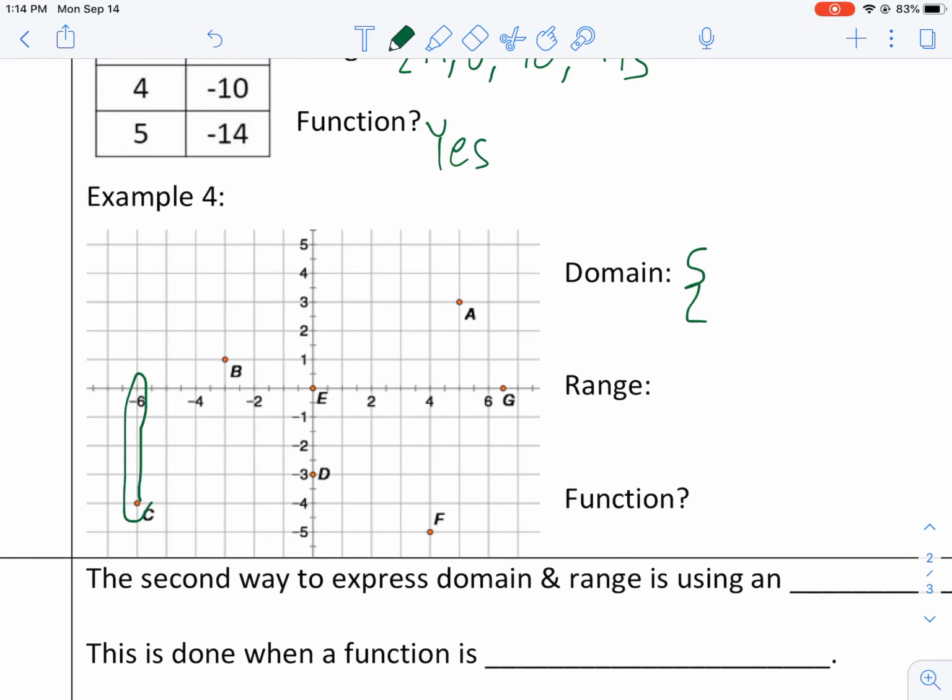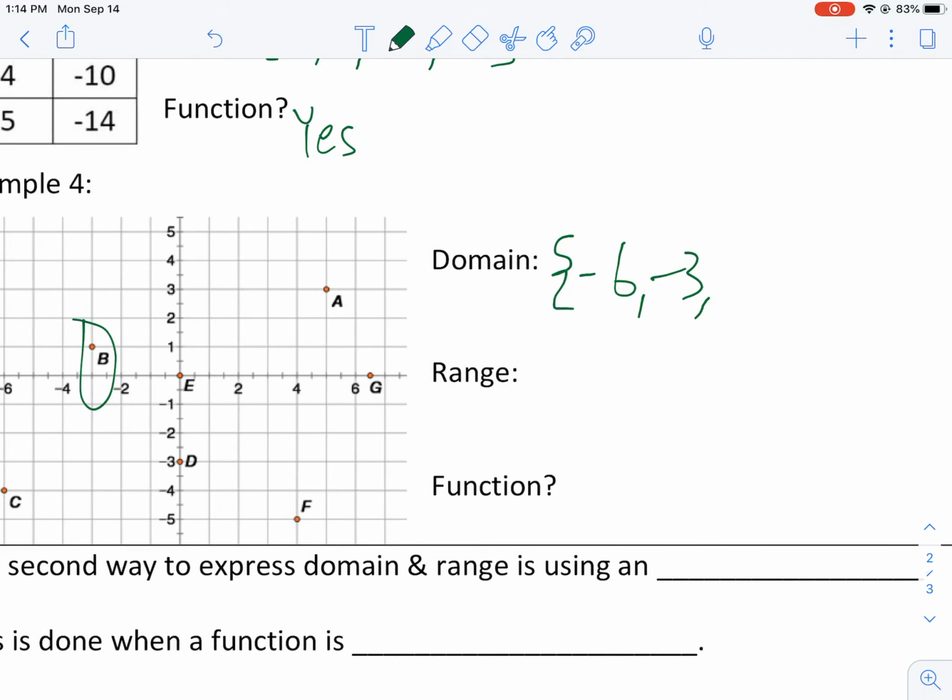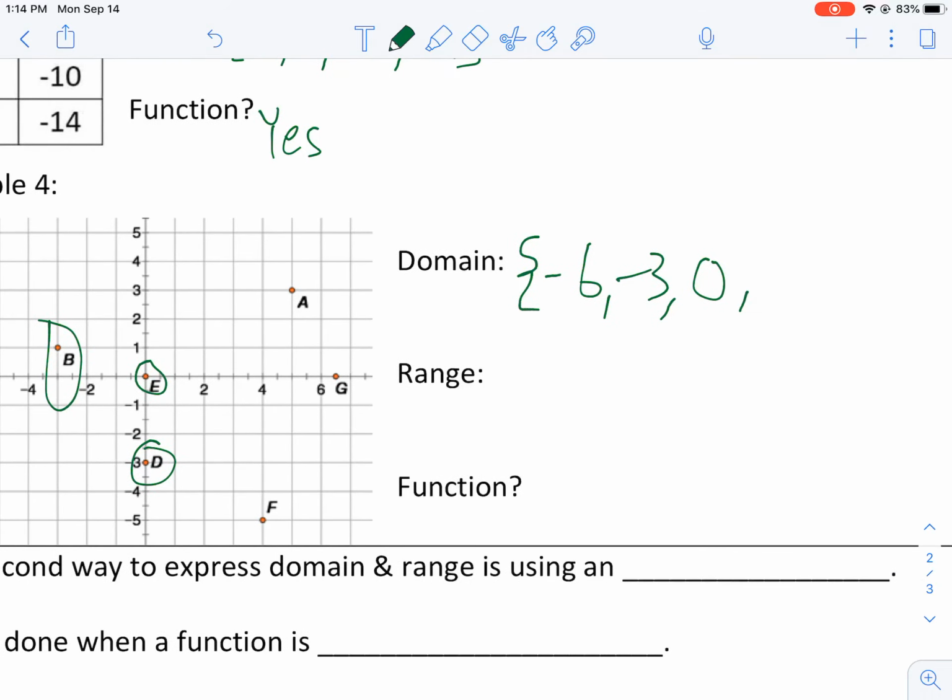C goes to -6, so that's our first x value. B goes to -3. E goes to 0. D also has an x value of 0, so we don't need to write 0 twice. We've already written it once. F, its x value is 4.